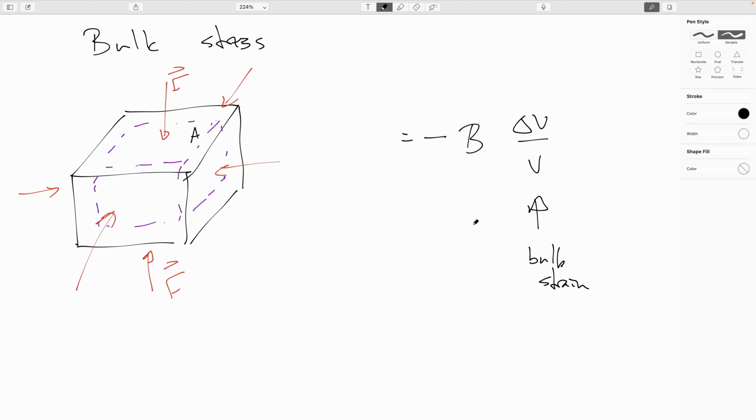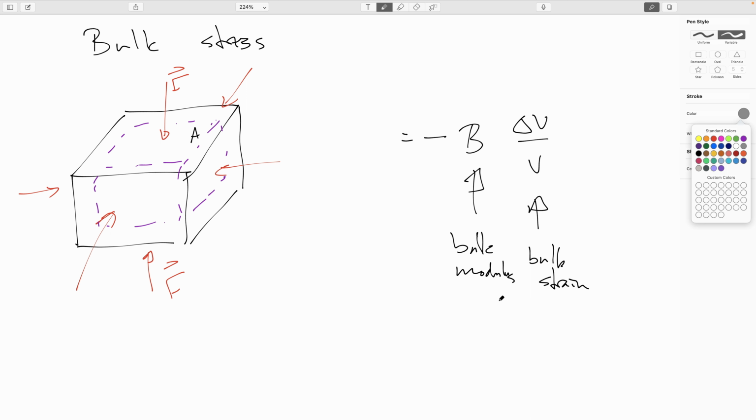And they write that one as a B, the bulk modulus. Some engineering books will call this K, but no physics book will because of the confusion with kinetic energy. And so then we will say F over A.